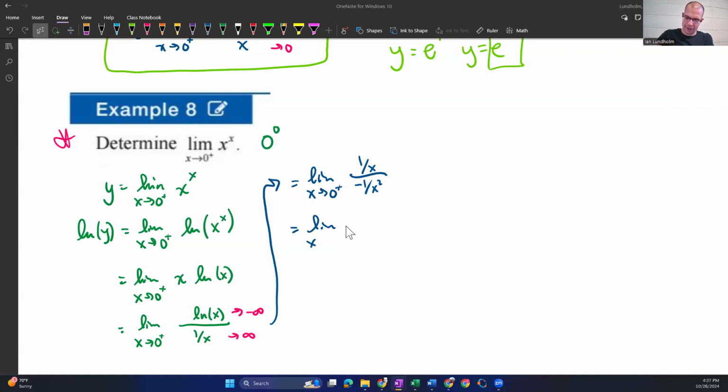And I'm going to go ahead and write that as multiplication, so let's throw -1 on bottom. There we go. That'll settle that. But yeah, limit as x goes to 0 from the right of, well, a negative x. And so this one turns into 0.